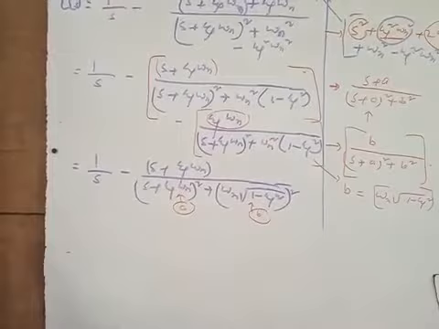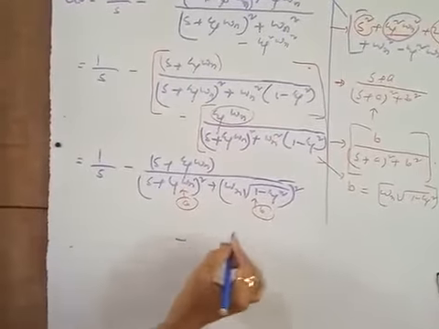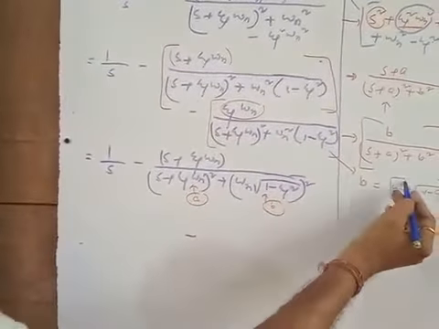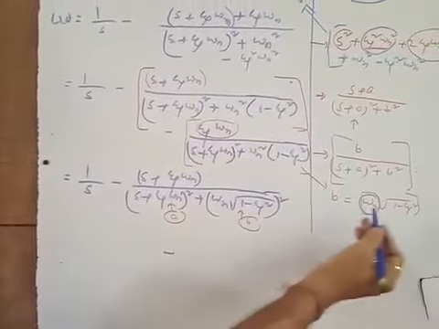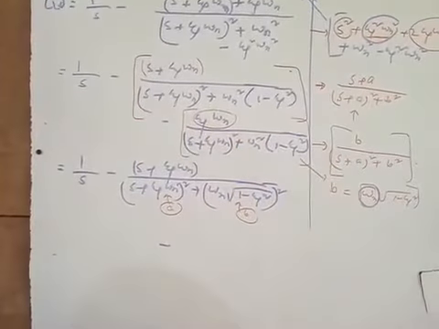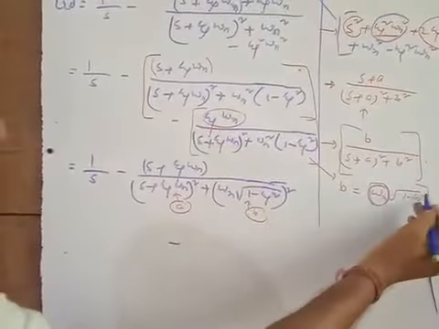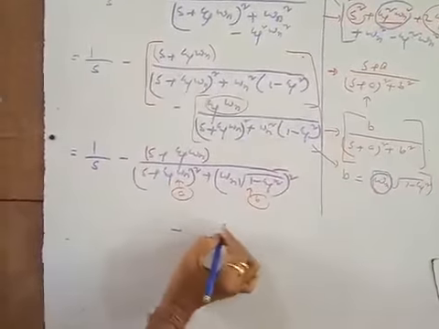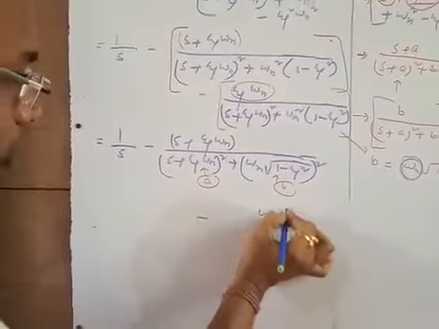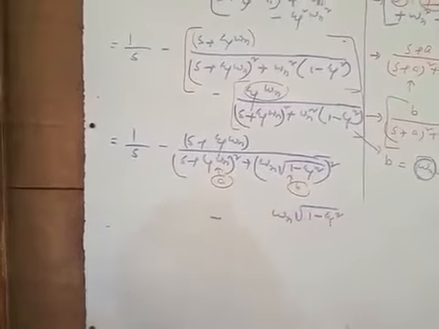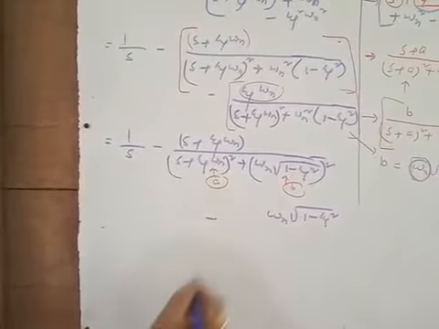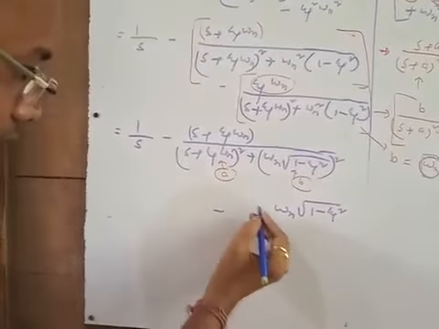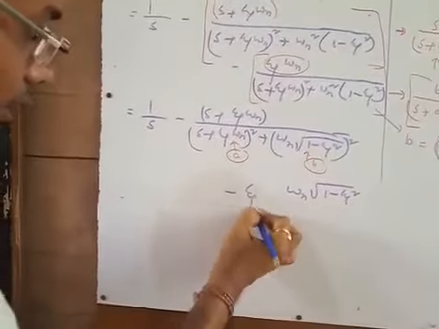For this part I am writing like this: minus xi into omega n. What you are having is omega n, so xi is not there, and root over 1 minus xi square should be put here. So you can write omega n root over 1 minus xi square in the numerator, and similarly there is a xi.